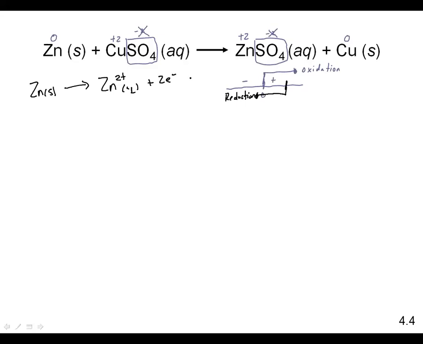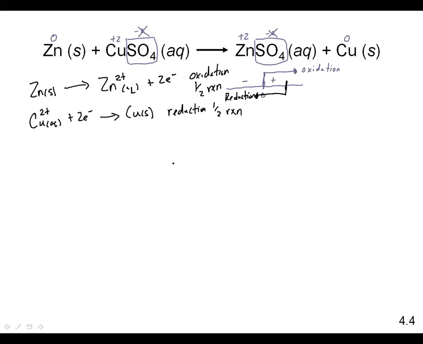And this would be our oxidation half reaction. While our copper is starting at +2, it's going to gain those 2 electrons and end up at copper with no charge in this case. And this is what is known as our reduction half reaction.